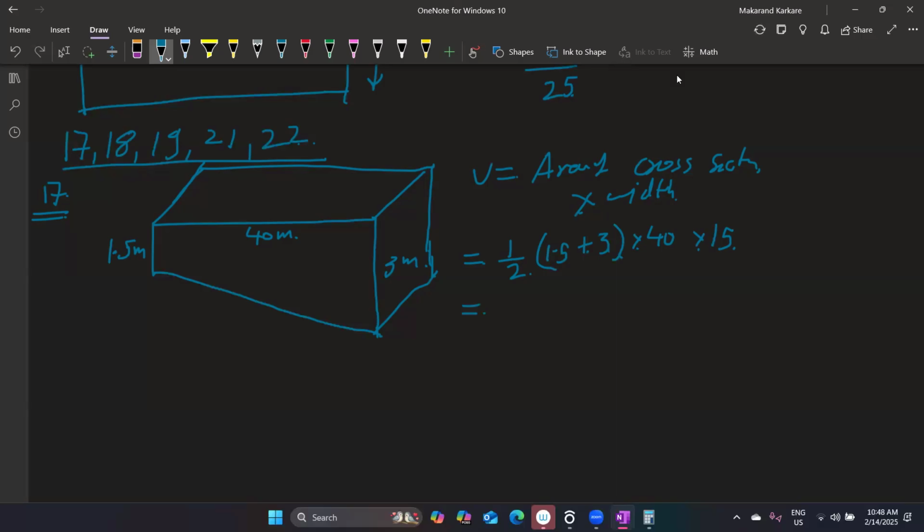So 20 into 4.5 into 20 into... meter cube.